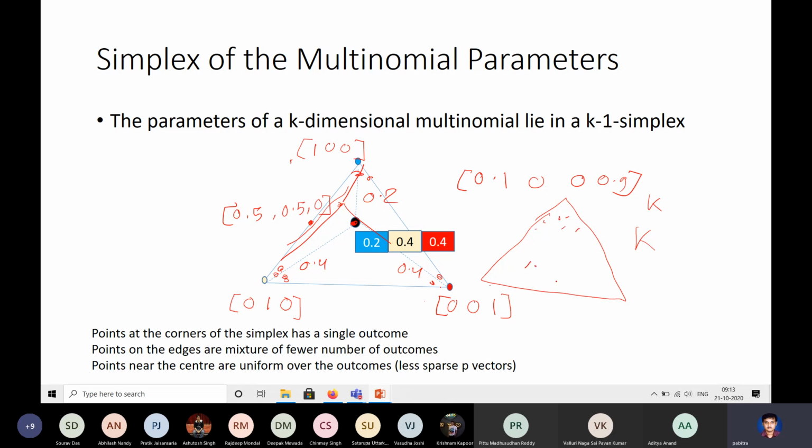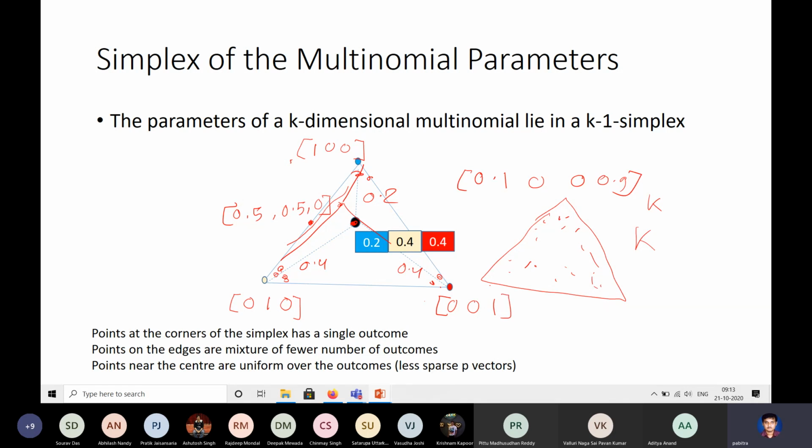They are placed somewhere inside this simplex, inside this triangle, and so if we look at the distribution of points inside this simplex, that would give us some distribution function inside this simplex.